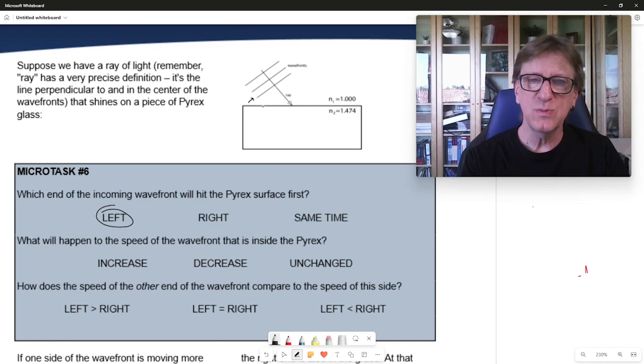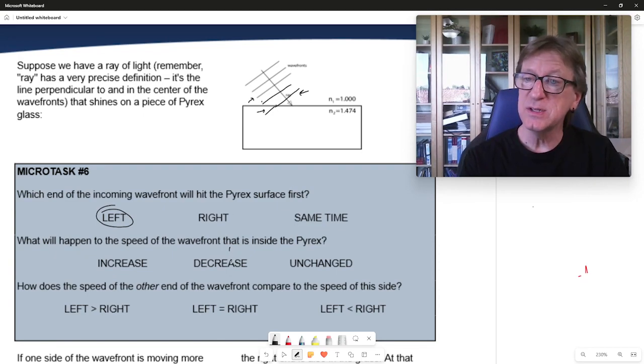So as soon as this wave comes in and it hits here, what's going to happen to the speed of the part of the wave that's inside the Pyrex? So let's say that we've moved in just a little bit. What happens to the speed of this part compared to the speed of this part?